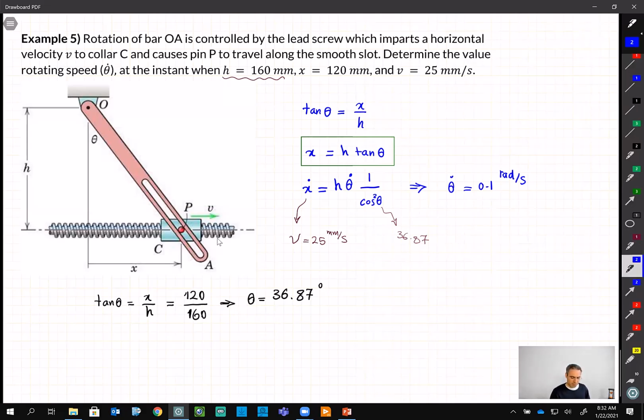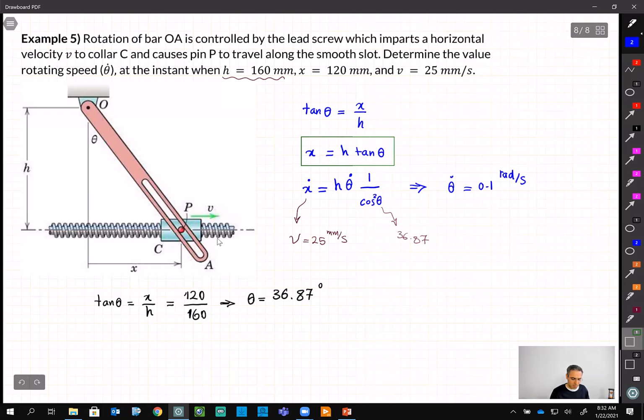All right, I'll let you write this down, and if you have any question, please ask before we move to the next topic. The question is asking, aren't we supposed to use theta in radians?